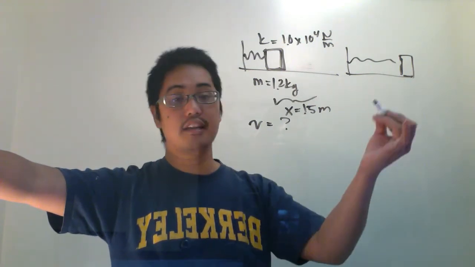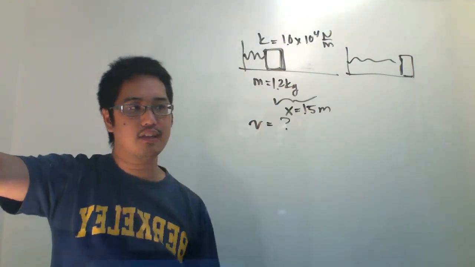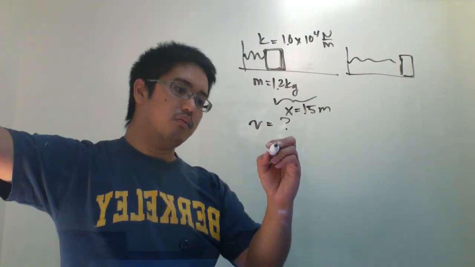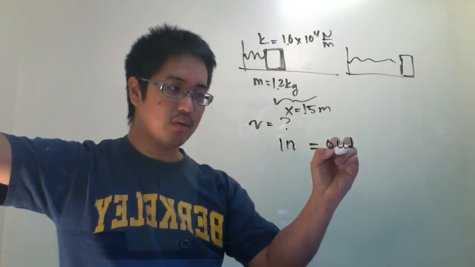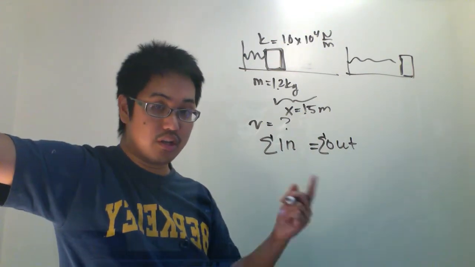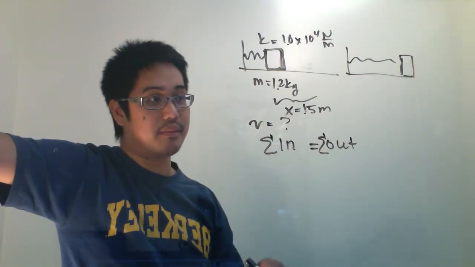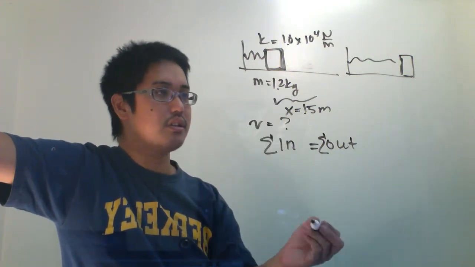Kinetic. It has kinetic energy because it's moving. It has spring potential energy over here, it has kinetic energy coming out. So what I'm saying is, in has to equal out. If I add up all the energy going in, it has to equal all the energy coming out. All the energy going in is just the spring energy. That's all the energy that I see.